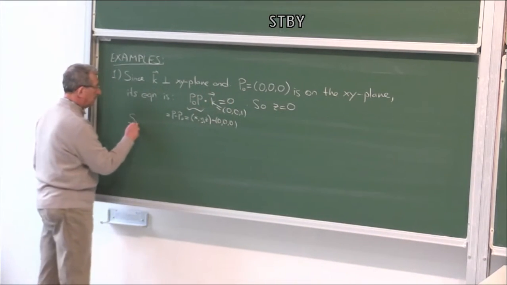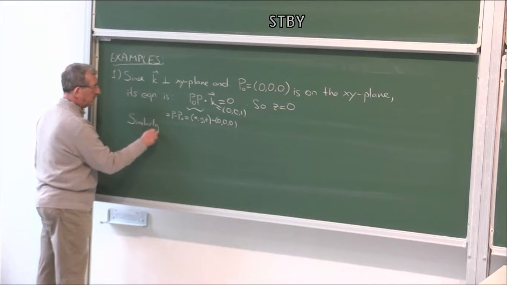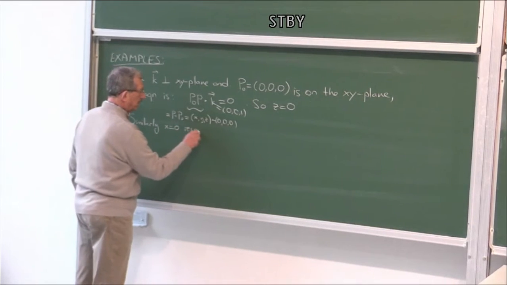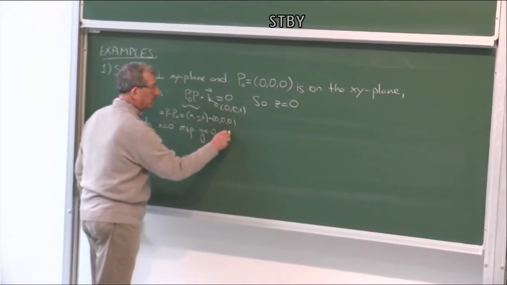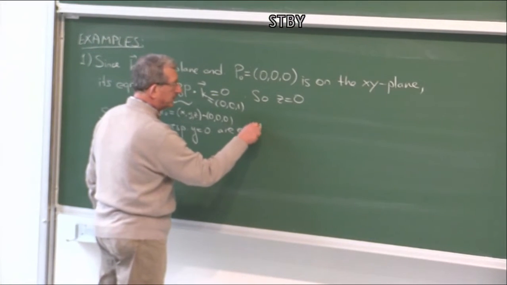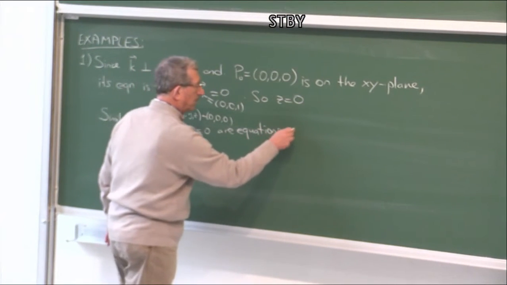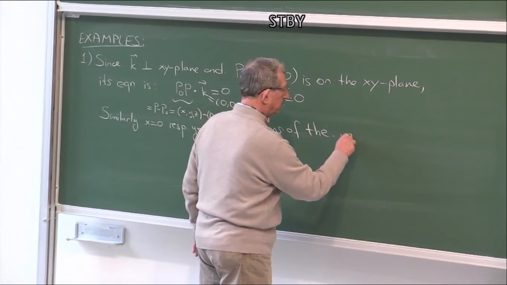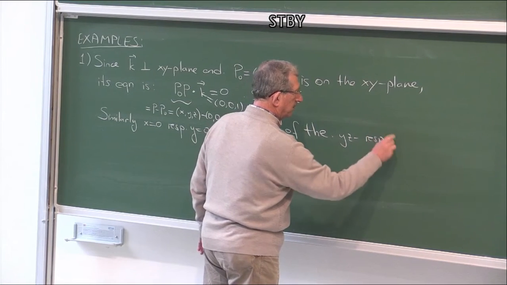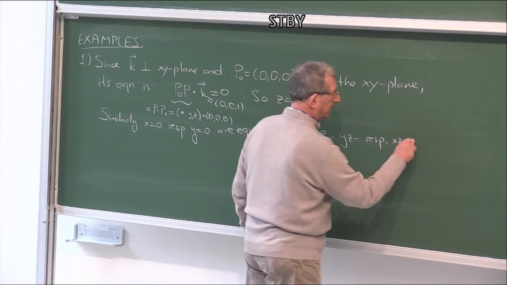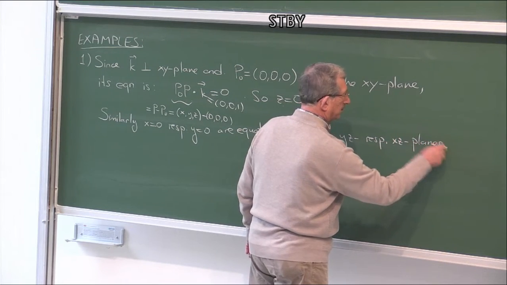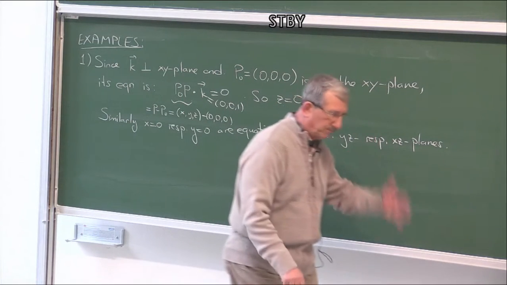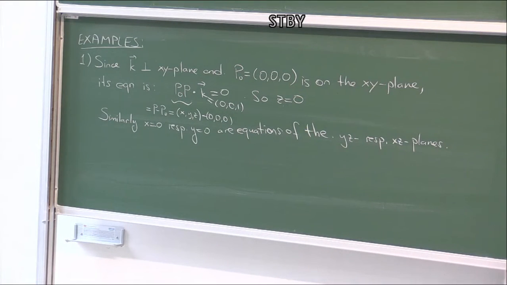Similarly, x is 0, respectively, y is 0, are equations of the yz, respectively, xz planes. These are vertical planes on top of the x-axis and below, of course, and the y-axis, respectively.